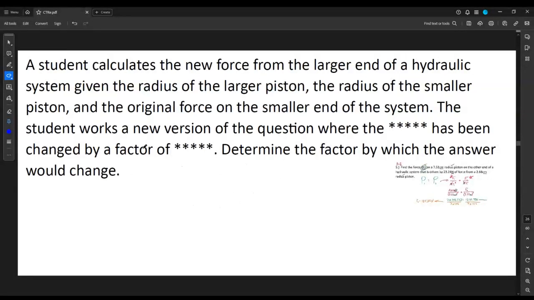To help narrow this down and to make very clear what we're talking about, then for the smaller piston and the smaller force, I'm going to use lowercase letters. So F1 over R1 squared. Technically this would be related to the area here, but as you can see from our earlier example, technically pi was at both of those and could be canceled. If you really wanted to, you could bring pi back, but then it would stack in the fraction and cancel again.